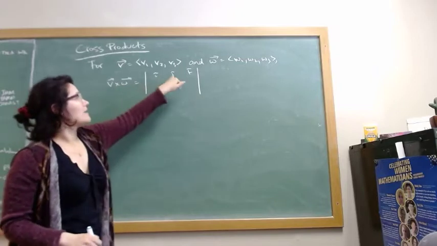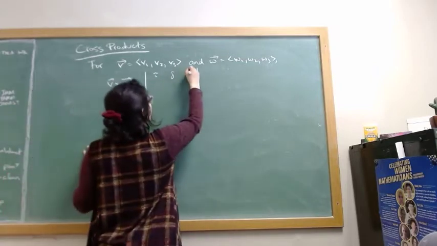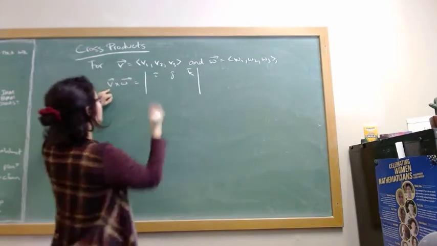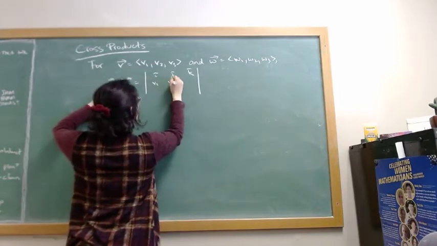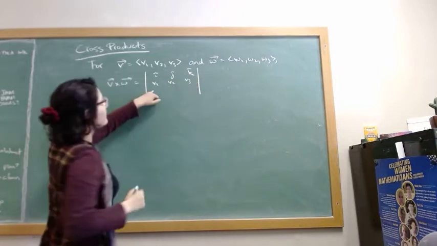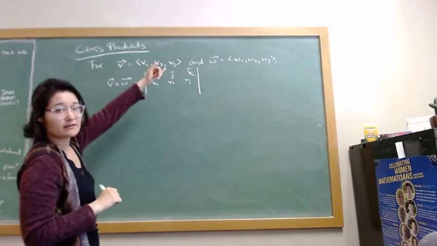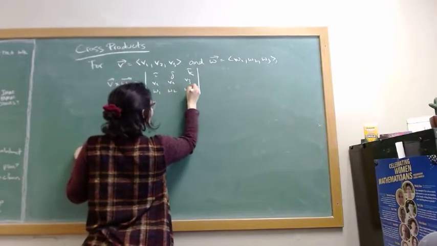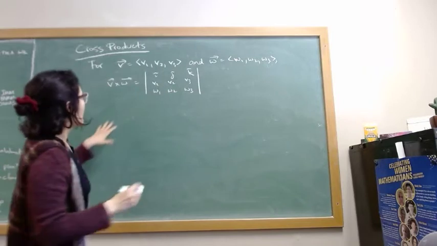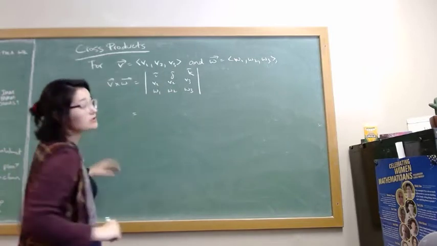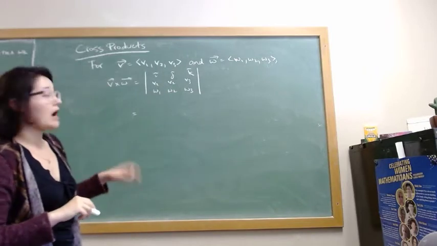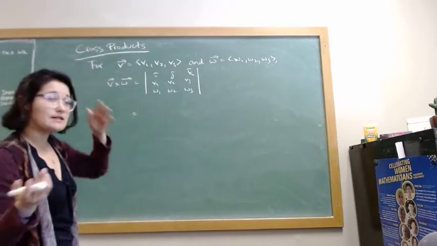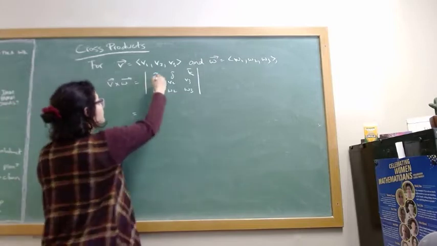If we put i hat, j hat, and k hat at the top, and then in the first row put the first vector in the cross product, that's v. And in the last row, put the second vector of the cross product, that's w. And then we can calculate this using determinants. You can just copy the process if you don't know what that means. If you know what a determinant is, then just go ahead and do it the way you know.